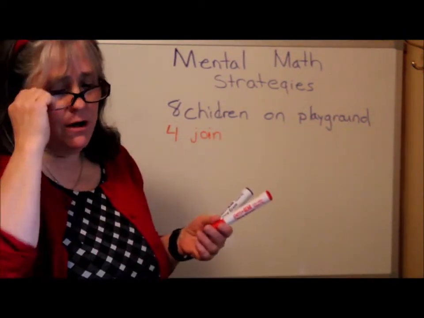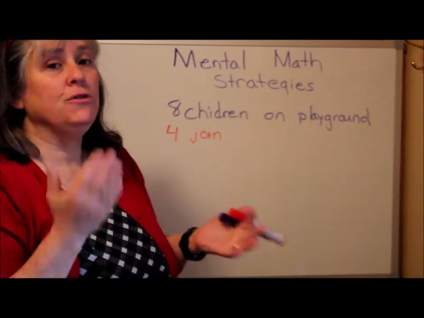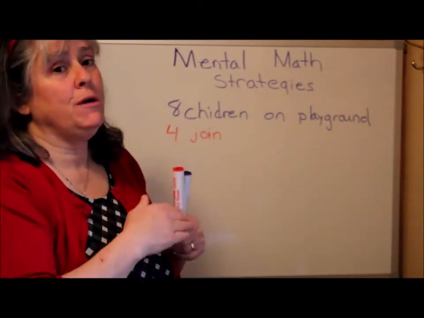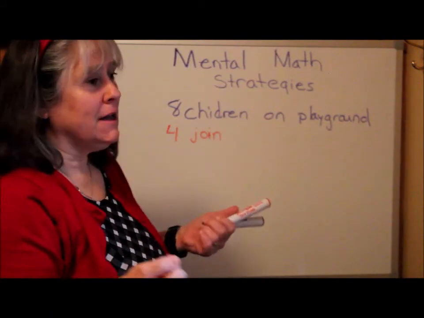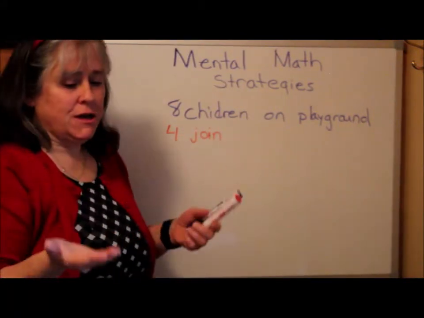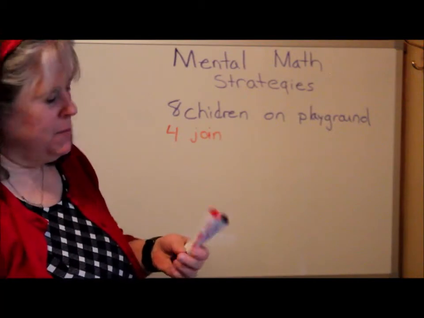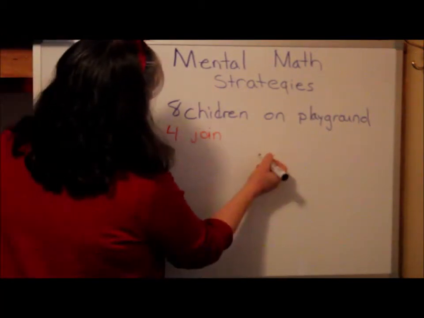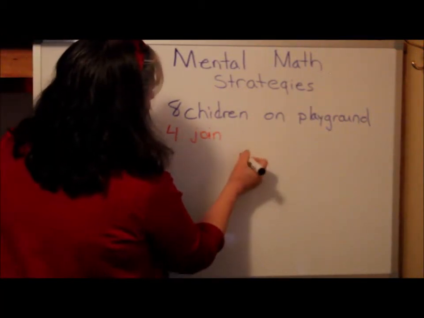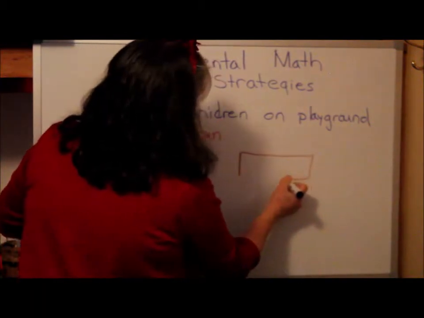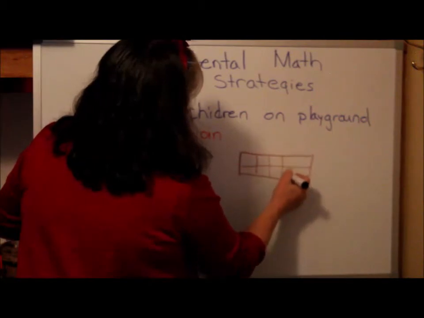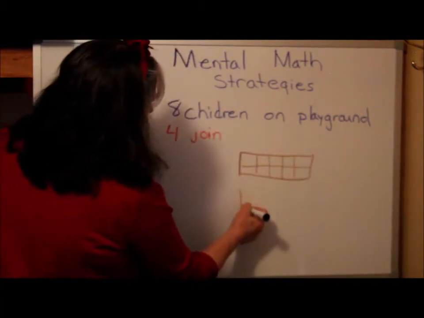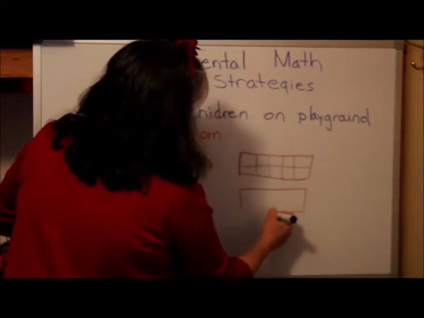We know we have a lot of different strategies that we can use. If you know your math facts, you can probably do 8 plus 4 in your head. But if you don't know your math facts yet, then you need to use some of the strategies. I'm going to draw a couple of 10 frames, because we know when we fill a 10 frame, that automatically equals 10. There's a 10 frame, and here's another 10 frame.